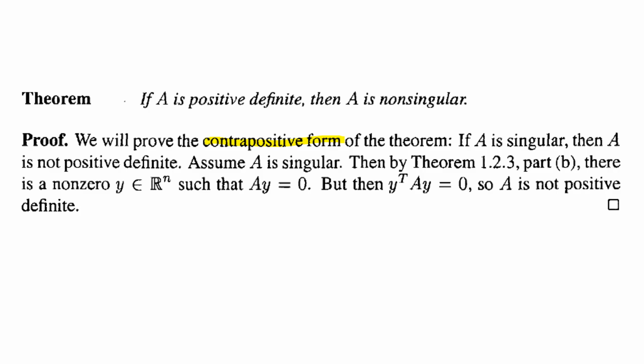If we can obtain this result, then definitely we will obtain this result. And this result shows that A is not positive definite. Hence proved that if A is positive definite, then A is non-singular.